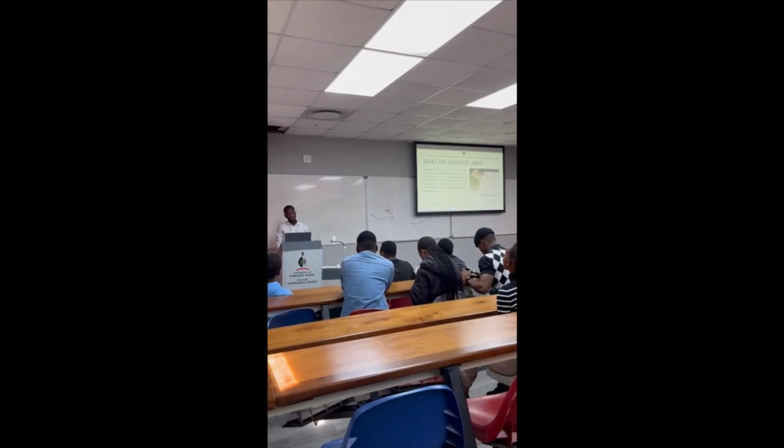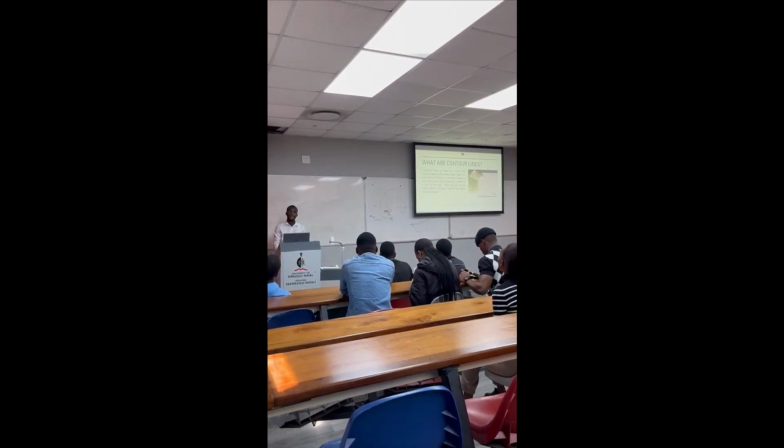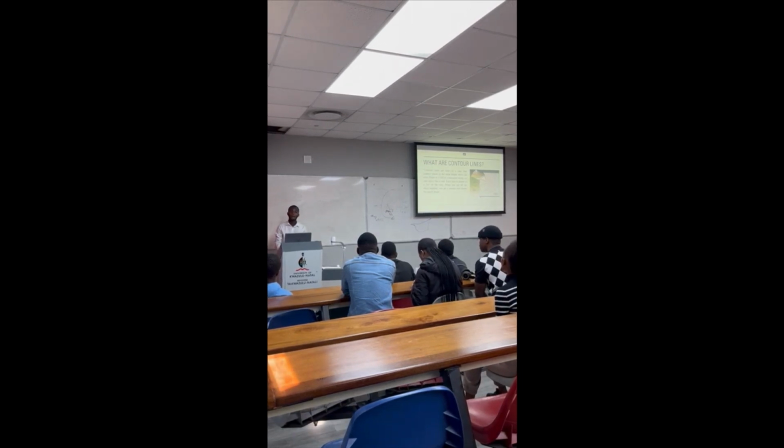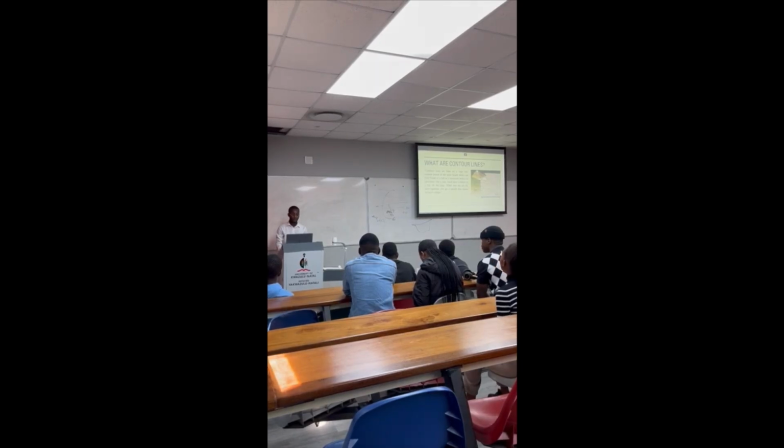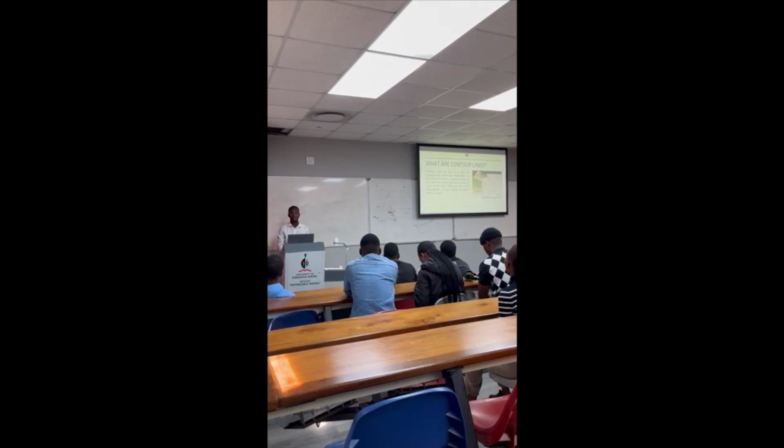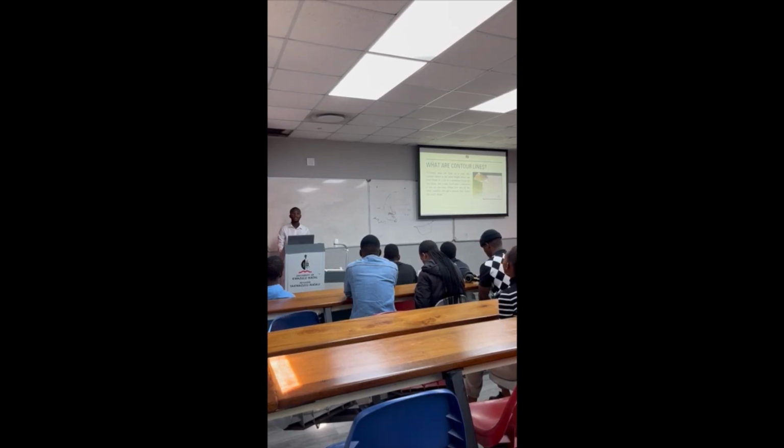Okay, what are contour lines? Contour lines are lines on a map that connect places at the same height above sea level. I want you to think of a hill or a mountain being cut into slices like a cake.